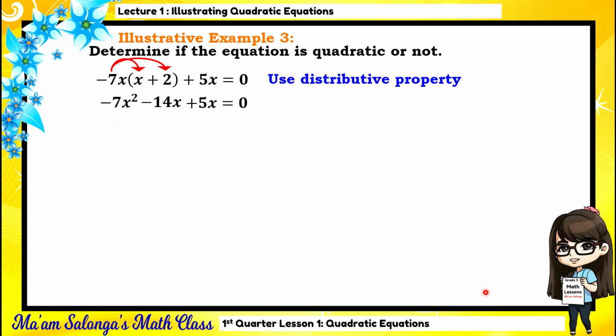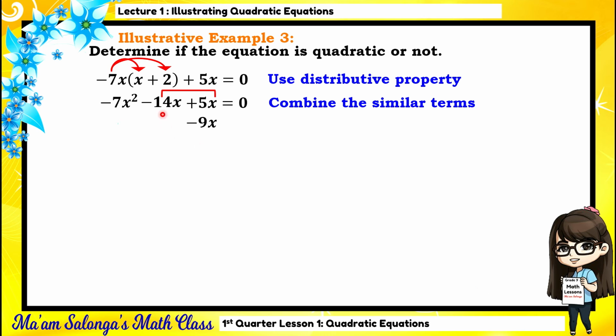If you observe, negative 14x and positive 5x are similar terms. So by simplifying it, negative 14x plus 5x is equal to negative 9x. Remember, in adding integers with different signs, you must subtract them and affix the sign of the larger number.